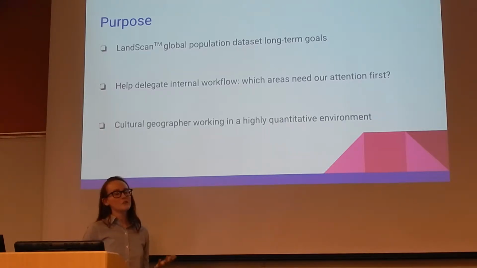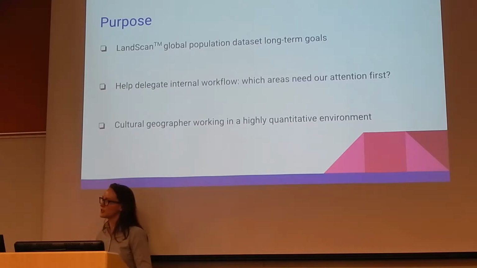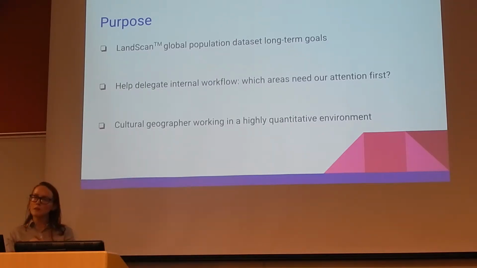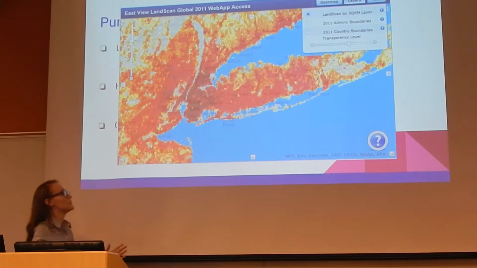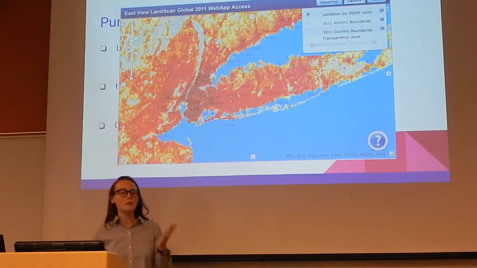And again, cultural geographer working in a really quantitative environment, so I used a lot of literature to do this, and I do use Python very regularly. So it's an interesting mixture of both quantitative and qualitative methodologies. And that's just an example of what LandScan does look like. So they're hoping to fine-tune that.